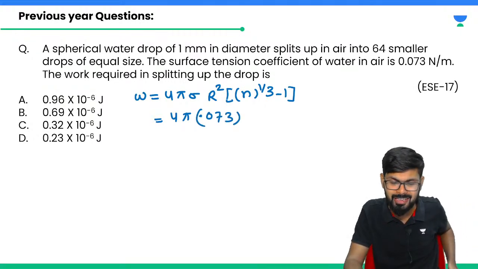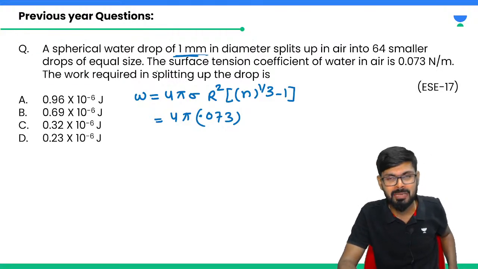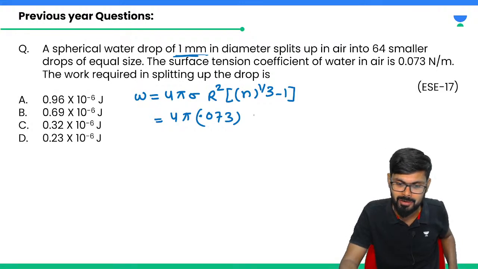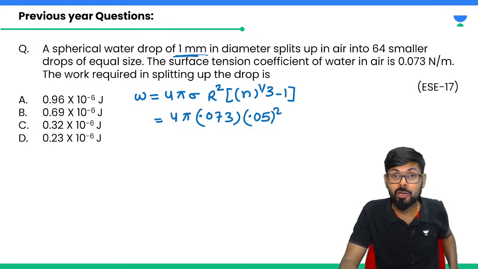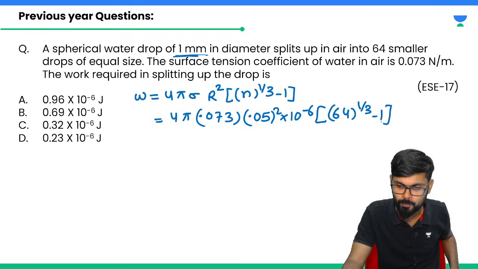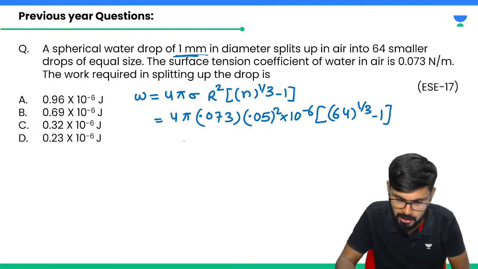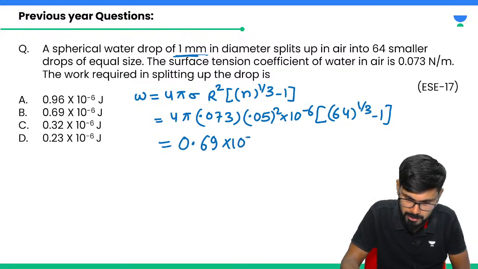Now here you need to pay attention. This is given as 1 mm, but it is a diameter, and here it is a radius. So the radius will come 0.05, square, but convert into meter. When you convert into meter, it is 10 to the power minus 3, but squared, so 10 to the power minus 6. Then 64 to the power 1 by 3 means it will come 4. This 4 minus 1, so 3. If you solve this, I think you will get 6.9 into 10 to the power minus 6 joule.